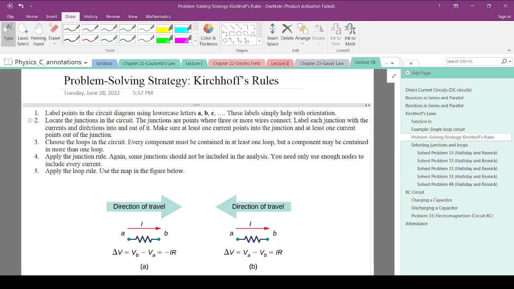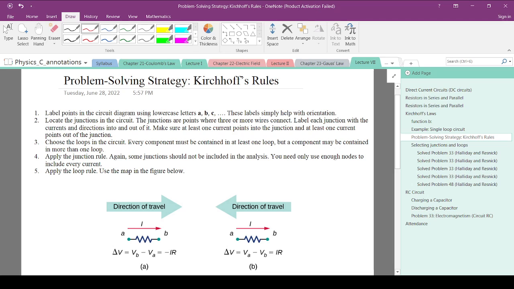This is very important. Make sure that there is at least one current pointing into the junction and at least one current pointing out of the junction. Then, after locating some junctions that do not give you linearly dependent equations, you have to choose a couple of loops in the circuit.